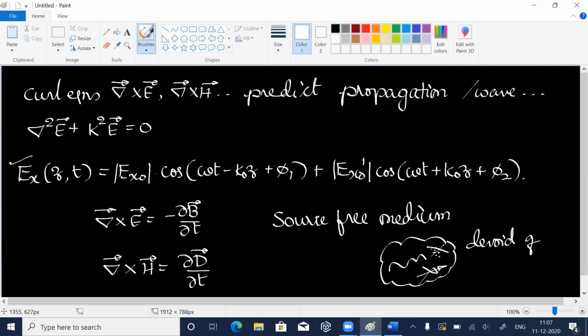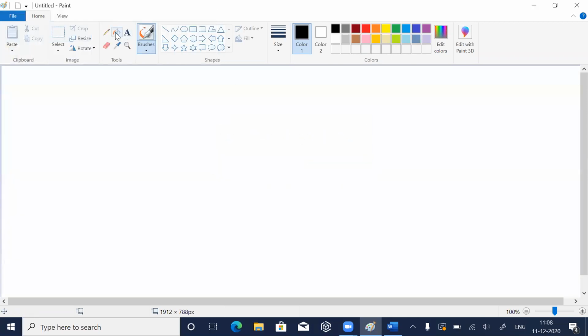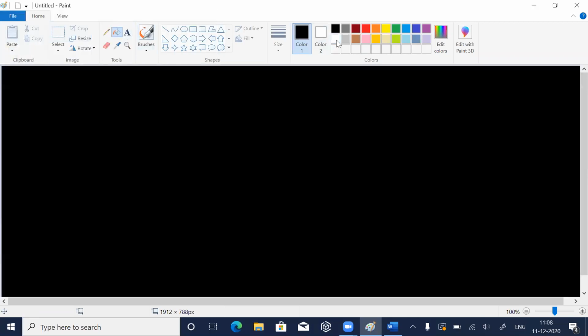That's what we want to understand now. For that, we know these equations very well.